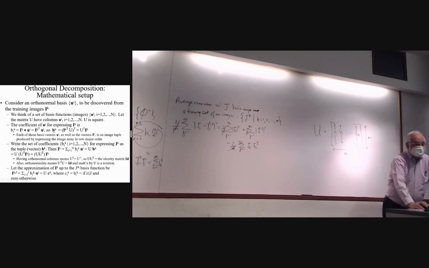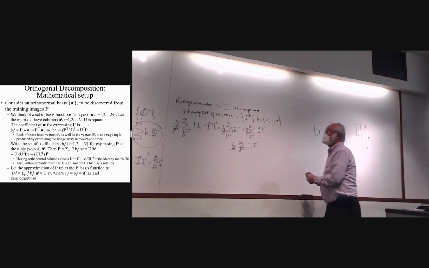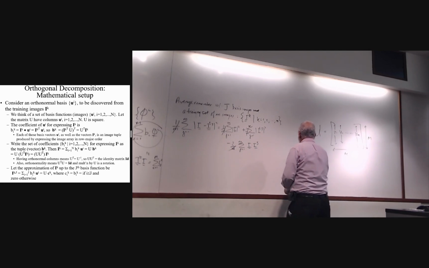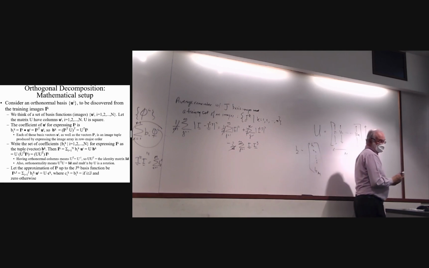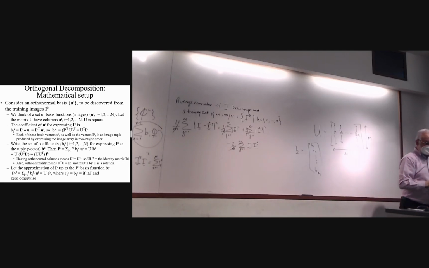And if now I take the tuple of coefficients, b1, b2, b3, up to bM, and think of it as a vector b, it turns out I can write that b_k is just the transpose of capital U times that kth training image.